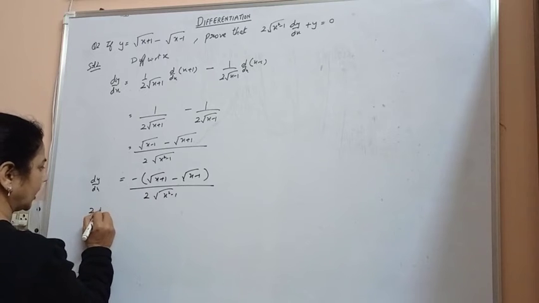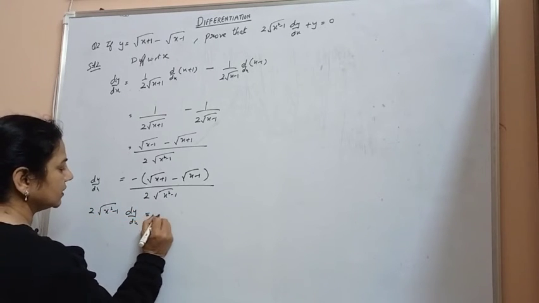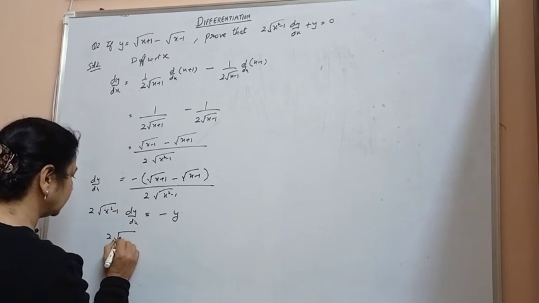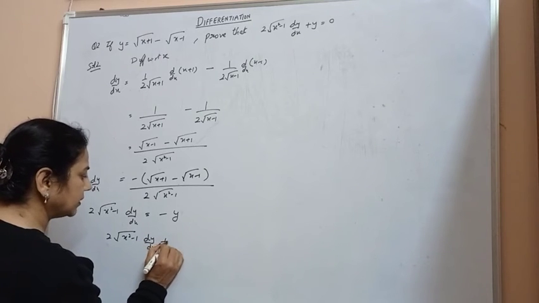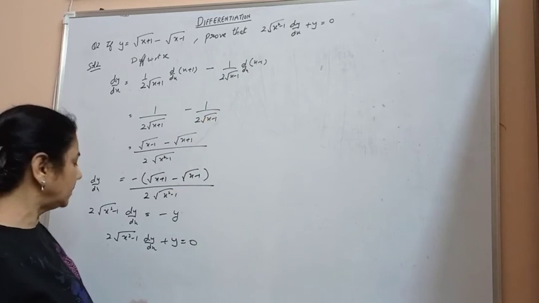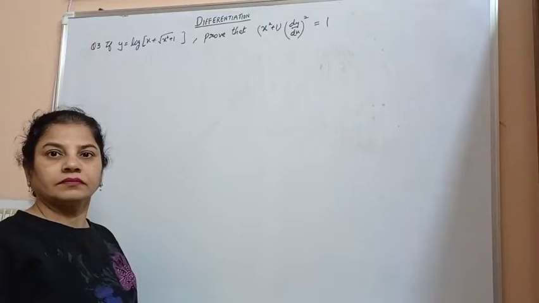Cross multiply: 2 times under root x square minus 1 dy by dx is equal to minus y. So we get 2 times under root x square minus 1 dy by dx plus y is equal to 0. This is what I have to prove.